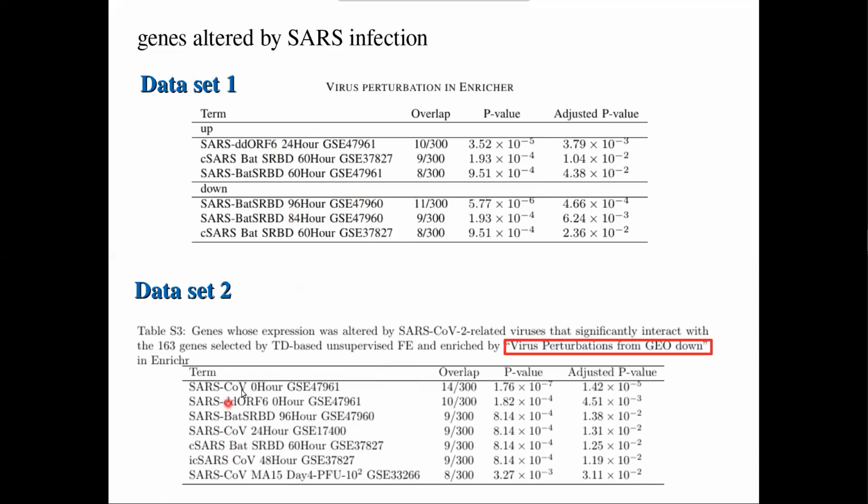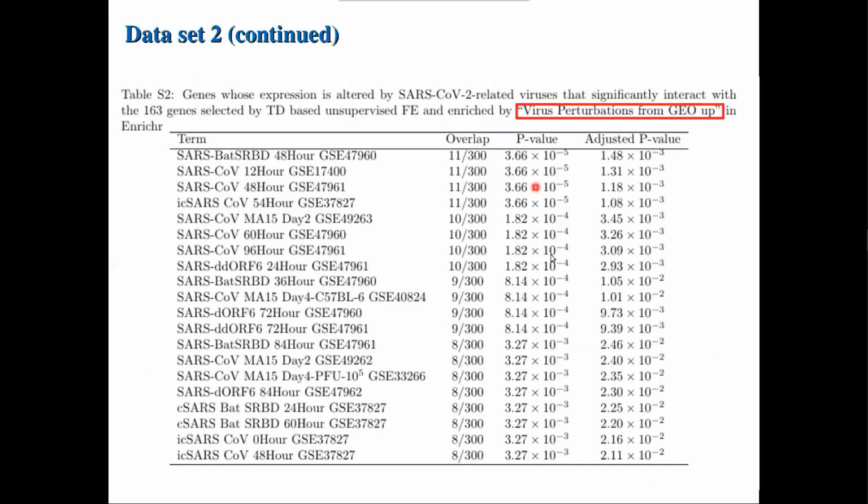These SARS-CoV viruses upregulated the genes we have selected when they infected the cell lines. And this is a SARS-CoV virus which upregulated the expression of the genes we have selected.